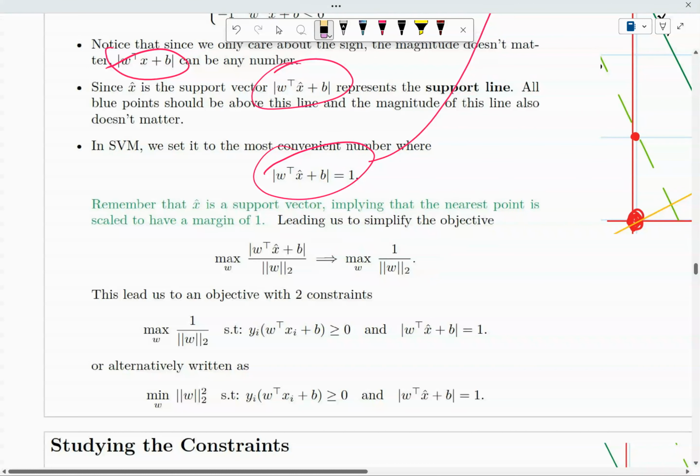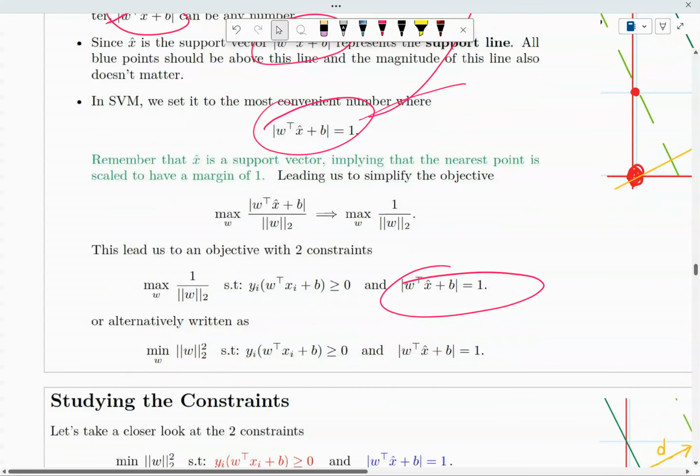Okay. So now, once again, this leads us to the objective. We are trying to maximize the margin, right? And we want all these to be positive, and we would like this value, remember the magnitude, to equal 1.